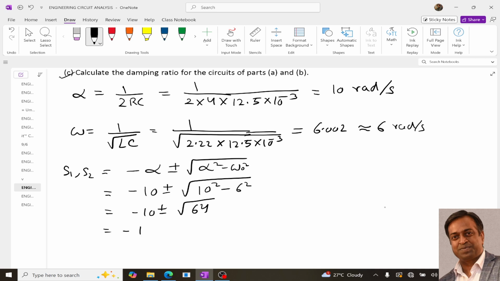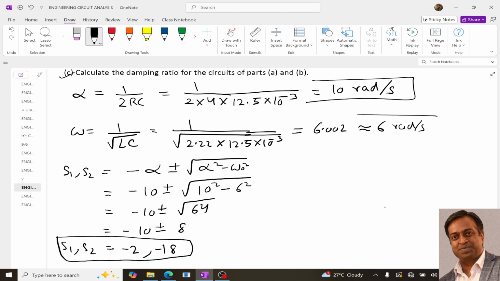So it is minus 10 plus minus 8. So we will get the two values of S1 and S2 as, first take the plus sign, minus 10 plus 8 we get minus 2. Second, minus 10 minus 8 we get minus 18. So these are the answers to the first part of the question, right? Alpha, omega naught, S1 and S2.